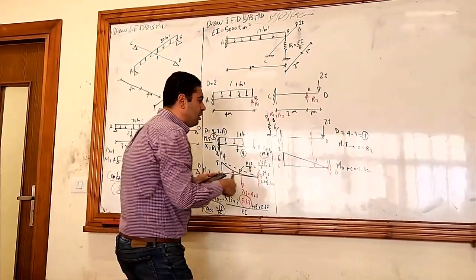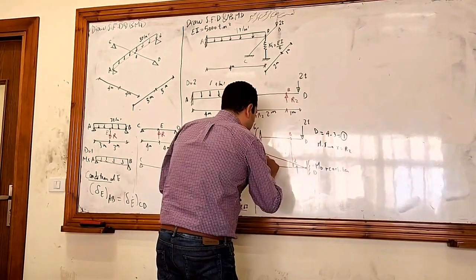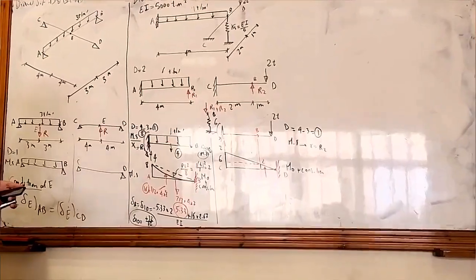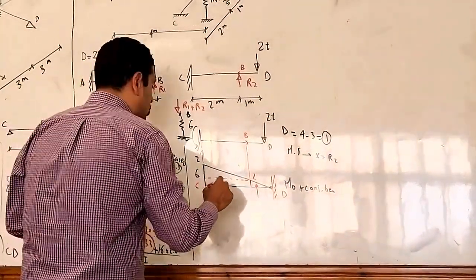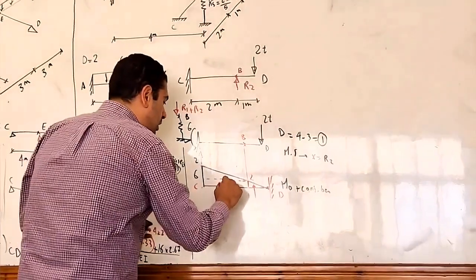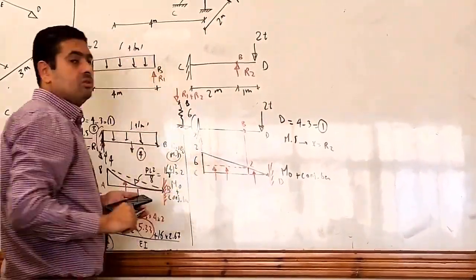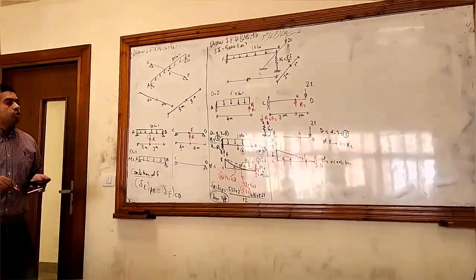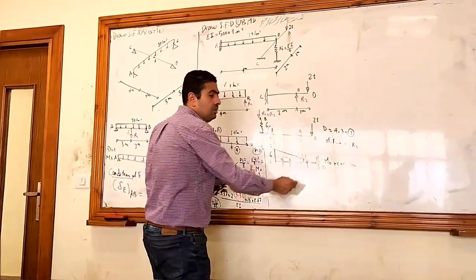Okay, so here I have a triangle, and here I will be having a trapezium, which I will divide into a rectangle and a triangle. So the trapezium here is upwards, so the rectangle is in the middle, and the triangle 1/3 and 2/3. What do you think? Do I need to know the reactions at point D?